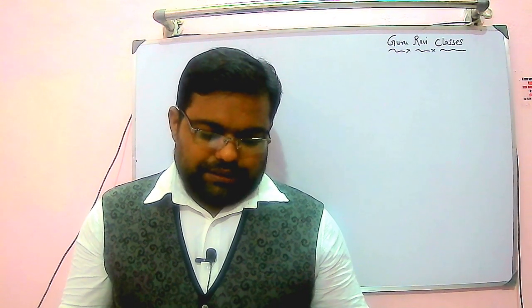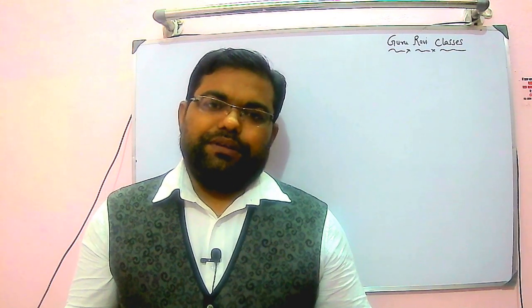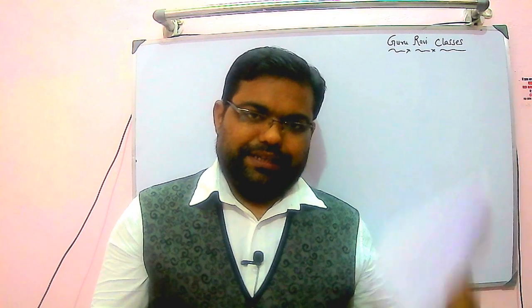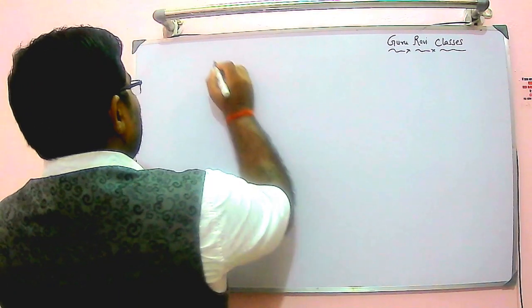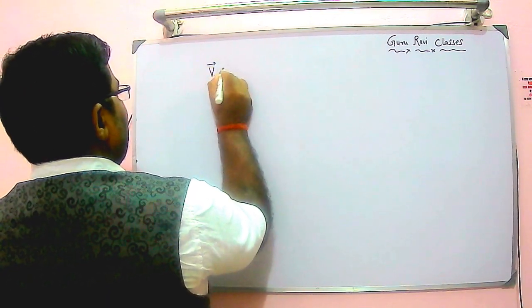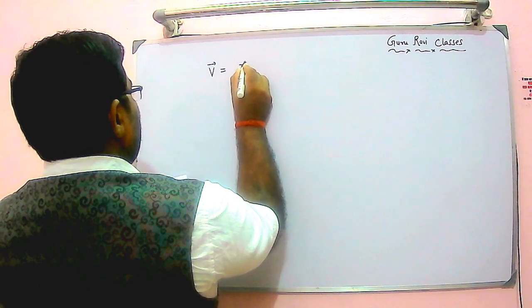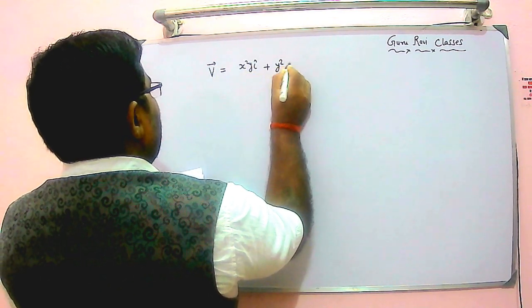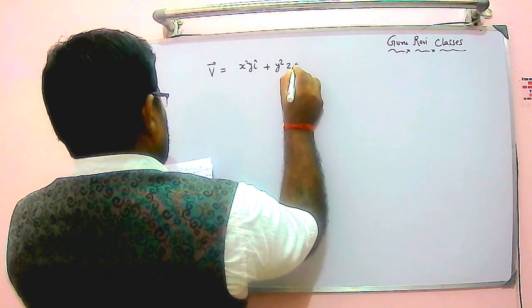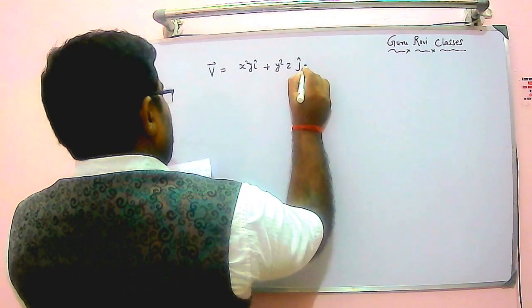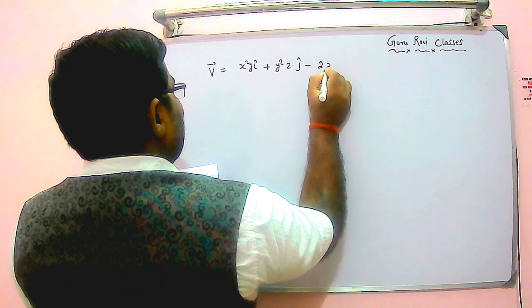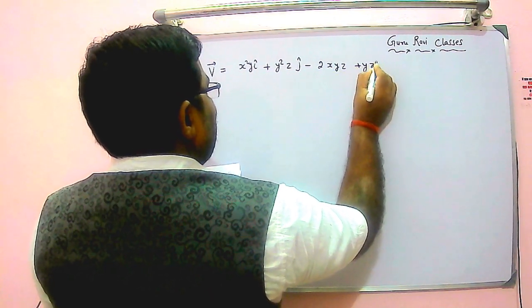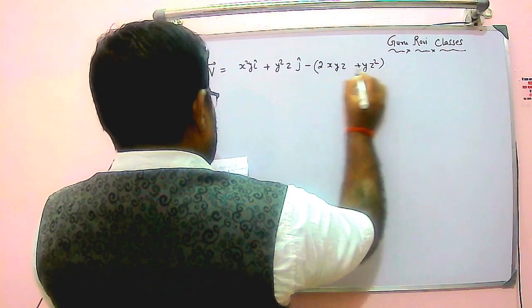If the velocity vector for a given flow domain is given by the equation I am writing here, this is the velocity vector: x square y i plus y square z minus 2xyz plus yz square k.